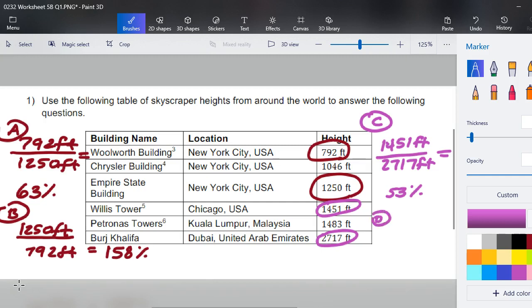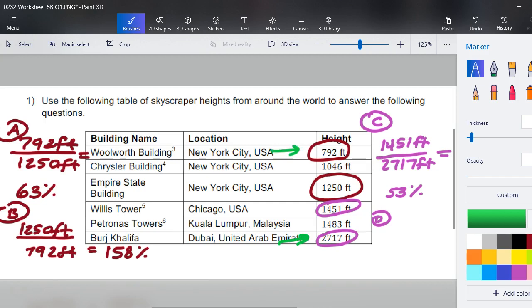And we'll finish this section off with D, write the height of the tallest building as a percentage of the shortest building. Okay, the height of the tallest as a percentage of the shortest. So tallest is the Burj Khalifa.